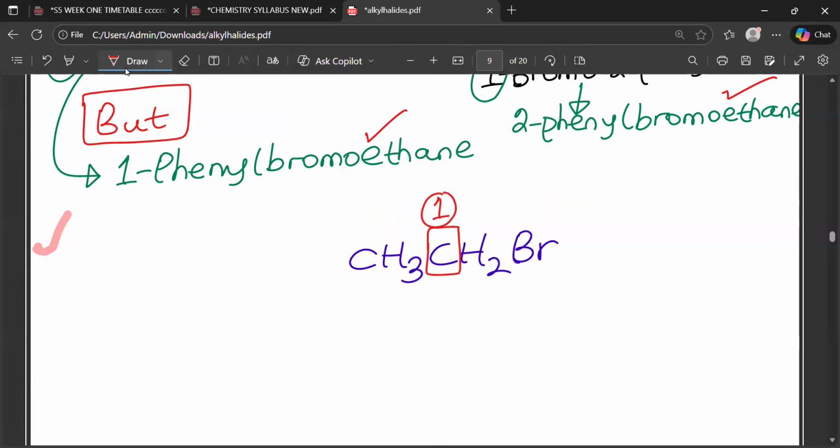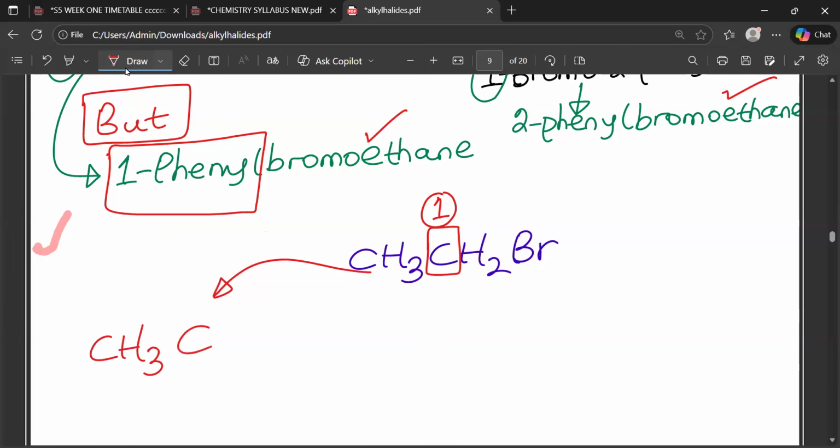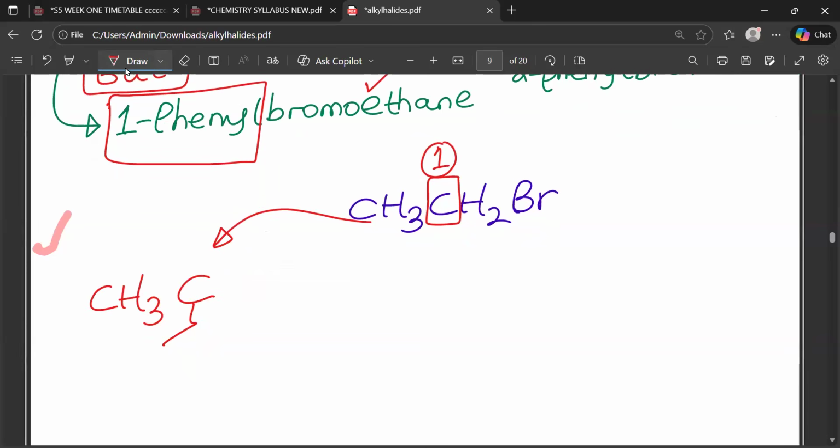So when someone says 1 phenyl bromoethane, they are telling you that on that very carbon, the first one, that's where the phenyl group has decided to come and sit.